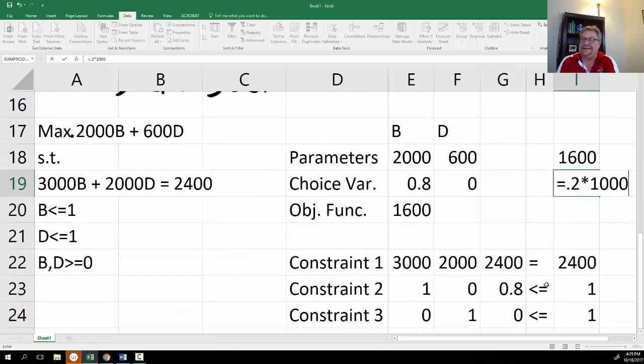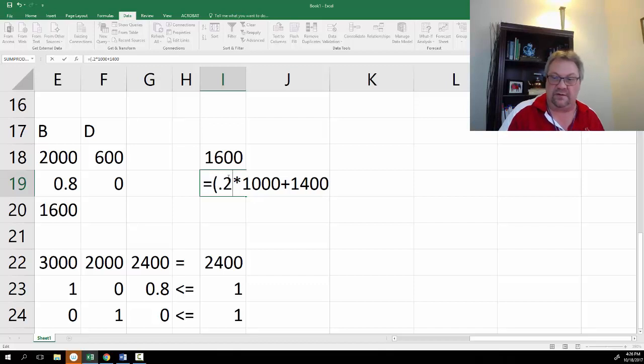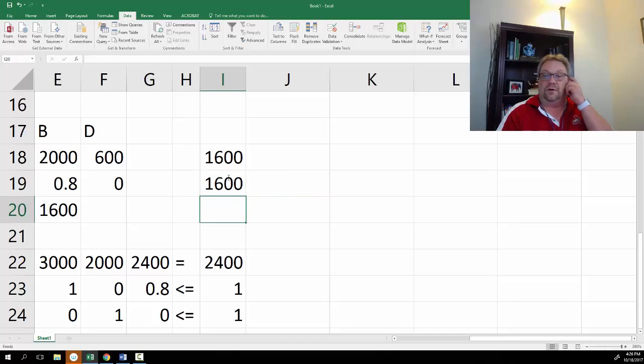And then, of course, D is 0, so this is just the 1,400, right? The Dayton plant is going to be used exclusively to produce component 2, so this is just plus 1,400. And let me scroll out. There we go. And put parentheses around this. There you go. So we're going to produce 1,600 units of component 2.